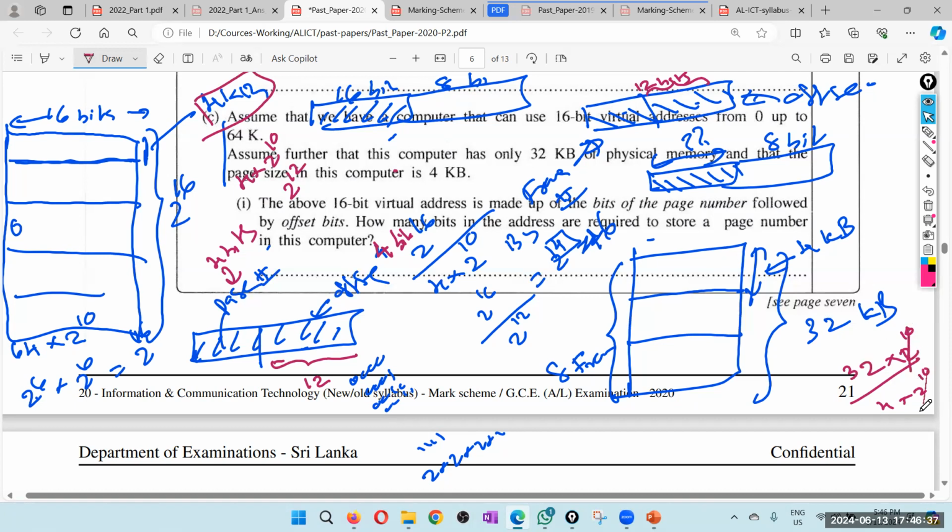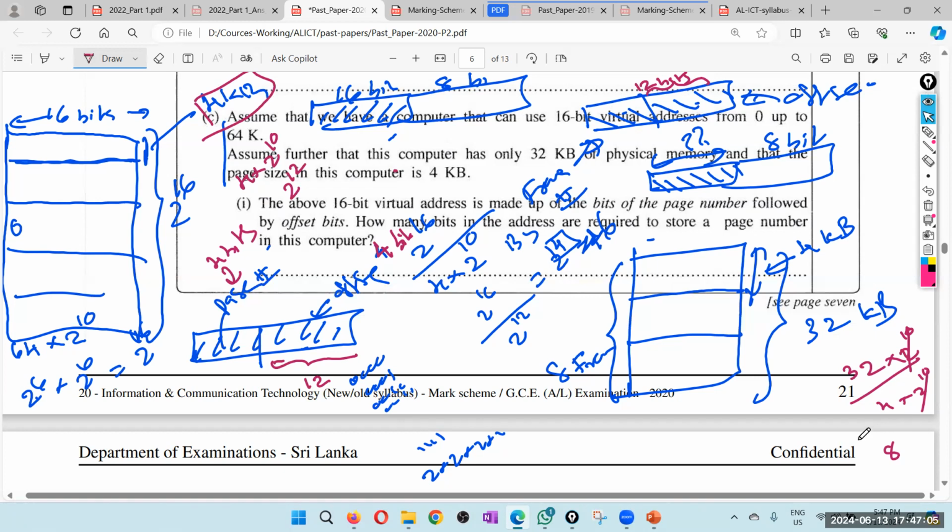So 2 to the power 10 gets cancelled. 32 divided by 4 is 8. So you have 8 frames. We had 16 pages, 2 to the power 4, but we need only 8 frames.